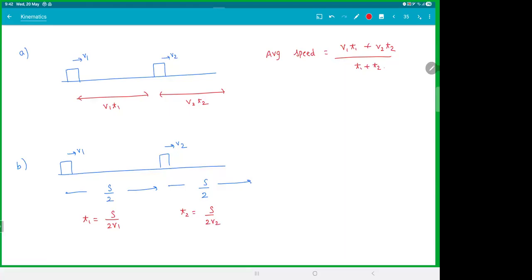Remember, S I don't know, you have to eliminate it. So what is the average speed? Total distance by time. What is the total distance? S. What is the total time? T1 plus T2. Substitute here. That would be S by 2 V1 plus S by 2 V2. That turns out to be 2 V1 V2 by V1 plus V2. Got this?